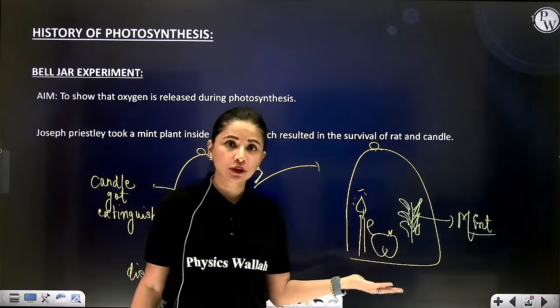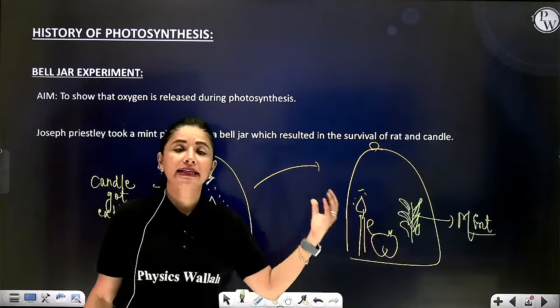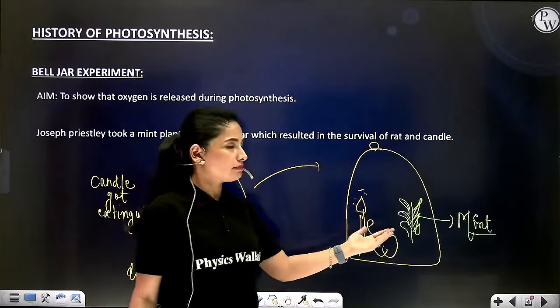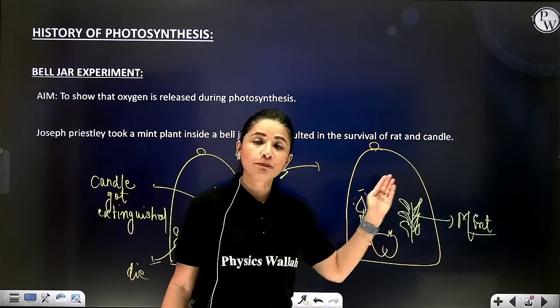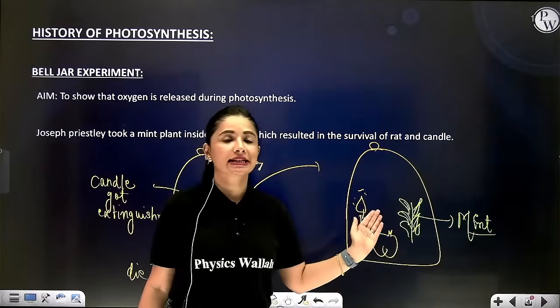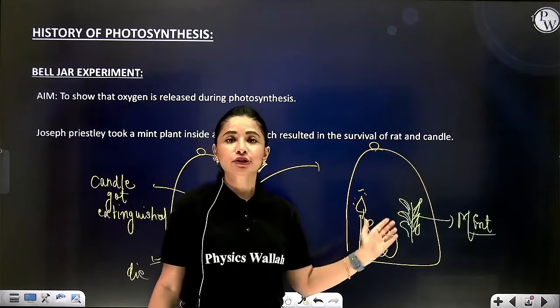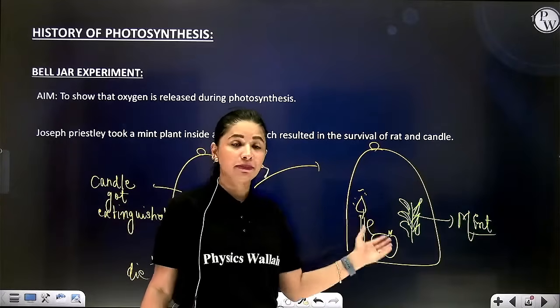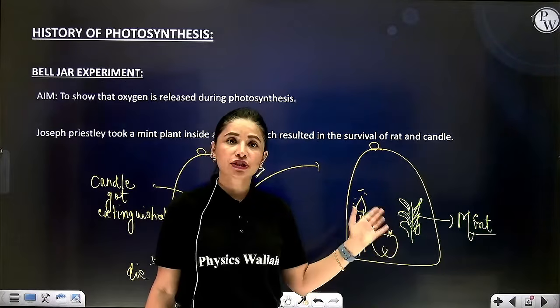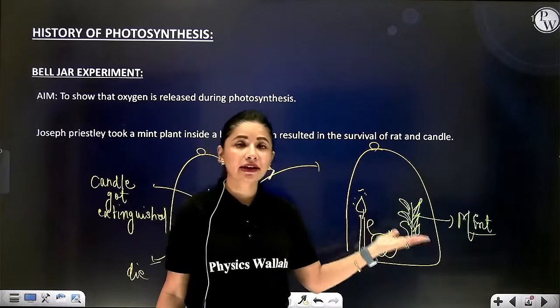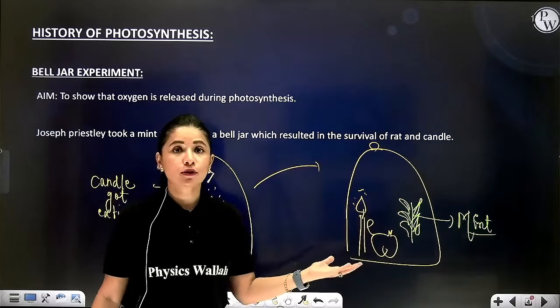He concluded that after keeping the mint plant, there is proper circulation of gases inside the bell jar, which lets the mint plant, the candle as well as the mice survive.